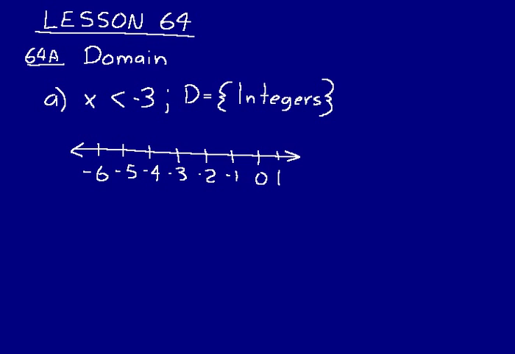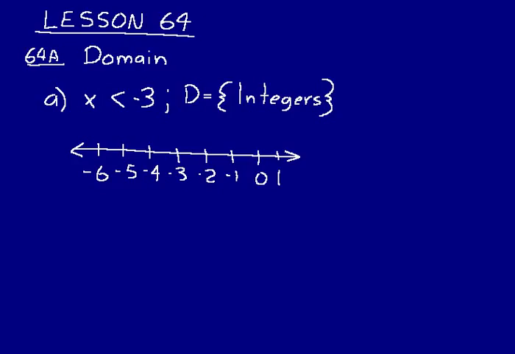And for this particular one, we're graphing x less than -3, and the domain is integers. Well, just think about this. If the acceptable values that we can use for x are integers, we cannot just start with a line and start shading in to the left. Less than -3, the first integer that would be less than -3 would be -4, because we're not including -3, right?